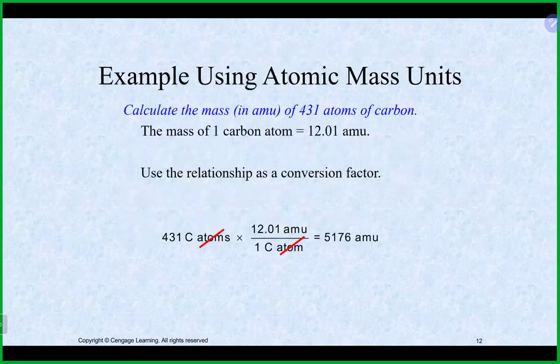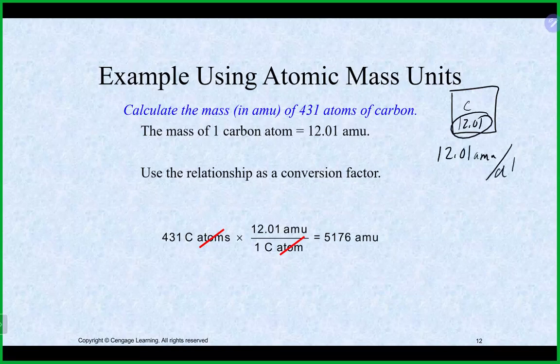As I mentioned, you can take from the periodic table the atomic mass and use it as a conversion factor. So again, when you do see that bottom number, as we talked about a second ago, that is basically how many AMUs there are per atom, which is the conversion factor.